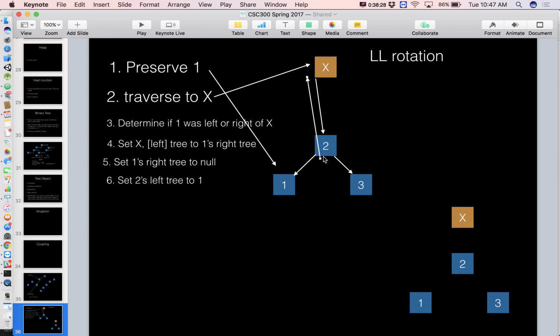Right now, 1 would still point there. 2 would, actually this is a really weird one, 2 would still point there. So 2 has a double pointer. Its left node and its parent are the same thing. 3 has always pointed to 2.